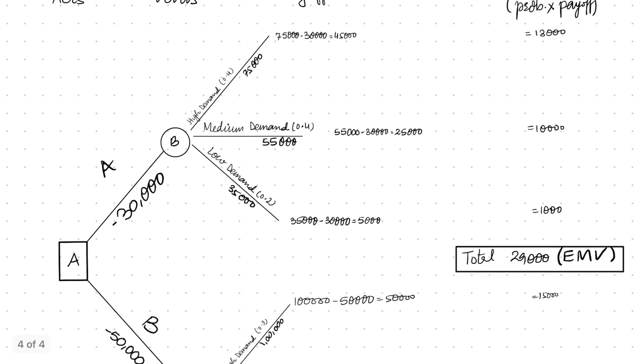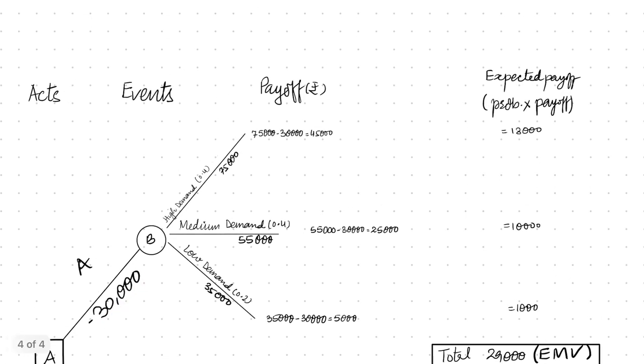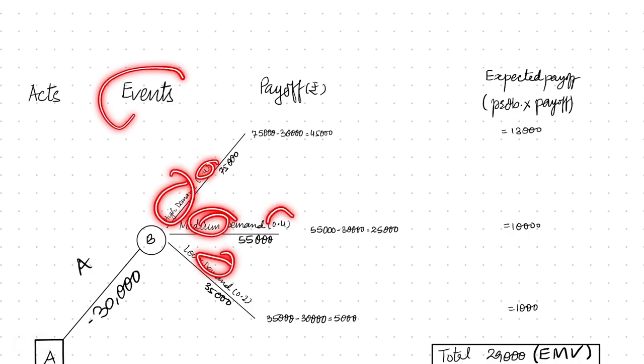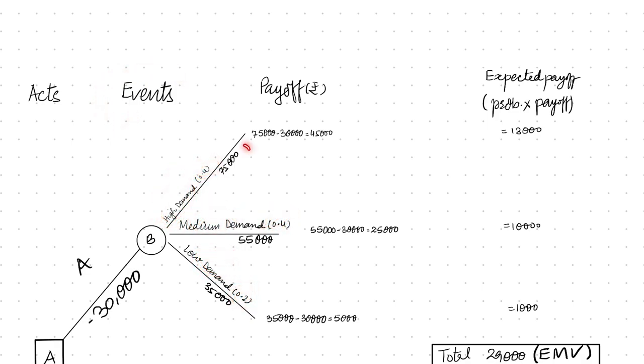For investment A, for example, look, the initial investment was 30,000. What was the event? These are the events: high demand, medium demand, low demand, with their probabilities 0.4, 0.4 and 0.2. And the returns 75,000, 55,000, 35,000. Now if you look at the payoff, I explained this in the table. This is return, investment, profit; return, investment, profit; return, investment, profit.